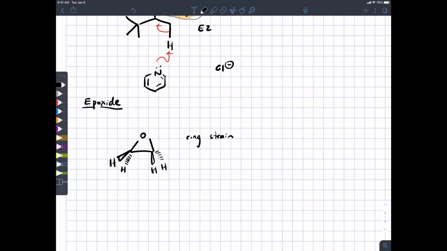I guess what I'm trying to say is we told you before that we're never going to do a reaction where a nucleophile comes in and does SN2 and OR minus is a leaving group.